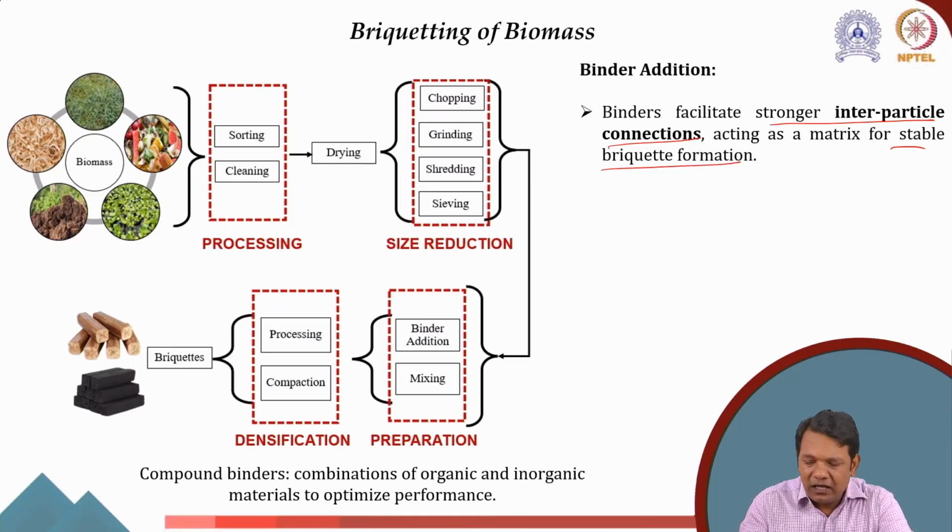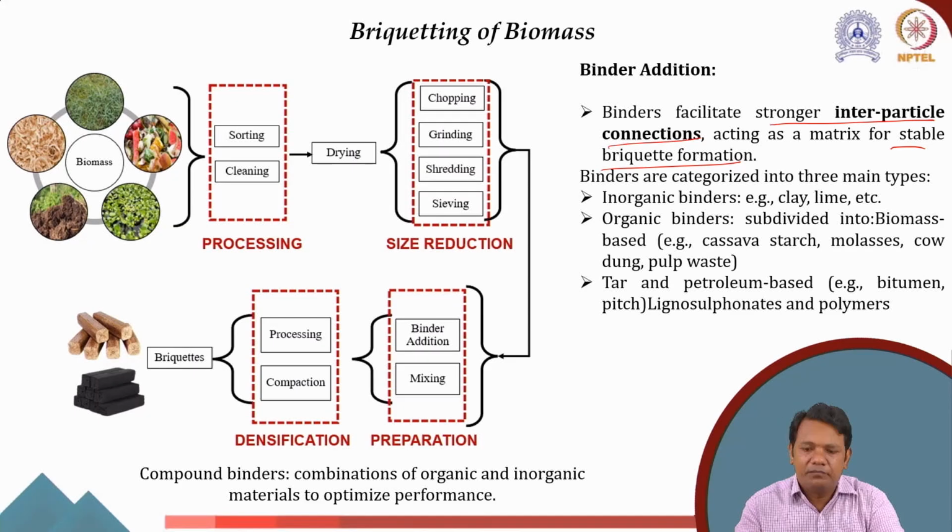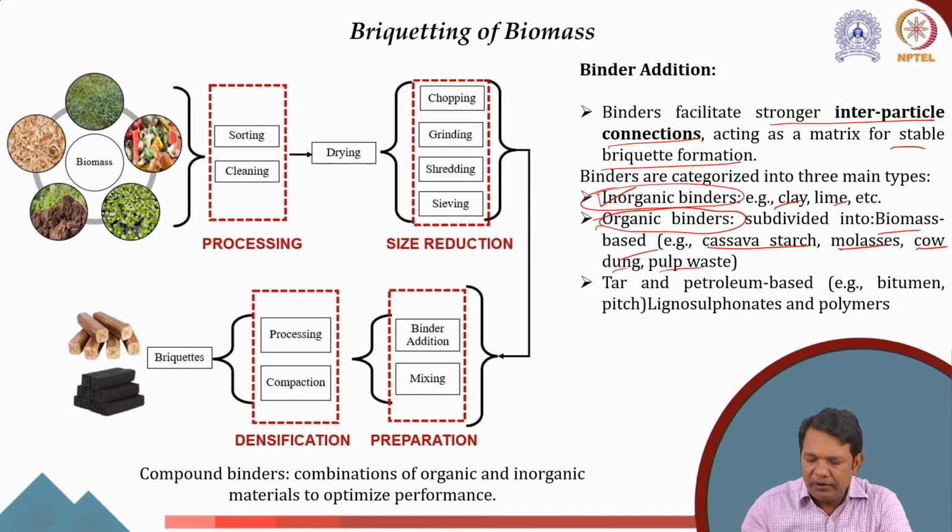And the binders again are, as I said in the beginning, that there could be several types of binders. If we primarily classify them, there can be inorganic binders such as clay, limestone, etc. that you saw in the example that we discussed. We can have organic binders which are further subdivided into biomass based, for example, you saw the cassava starch, molasses, cow dung, pulp waste, etc. Or we can have a binder which is tar and petroleum based, for example, we have bitumen, we have pitch, we have lignosulfates, we have polymers.